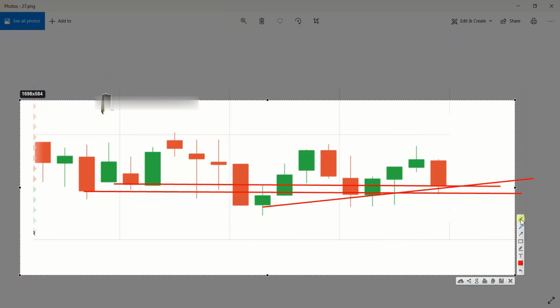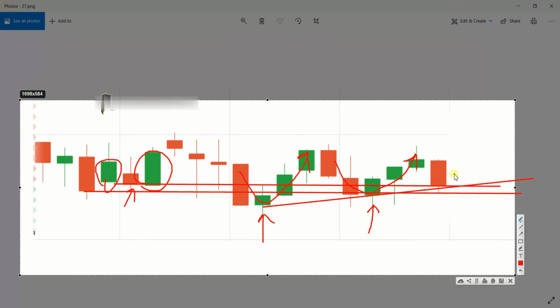So we have two SNR levels here. One is this horizontal level, and second, this trend line here. From this level we are seeing some buyers entry, and from this trend line you can see very strong buyers, again very strong buyers, and it closed at these two levels.